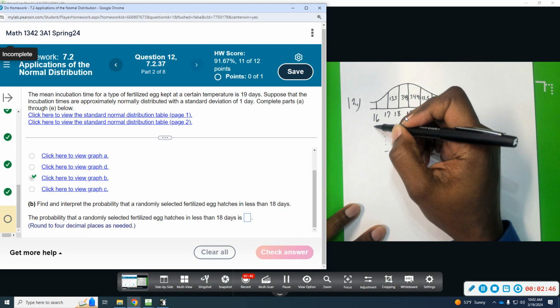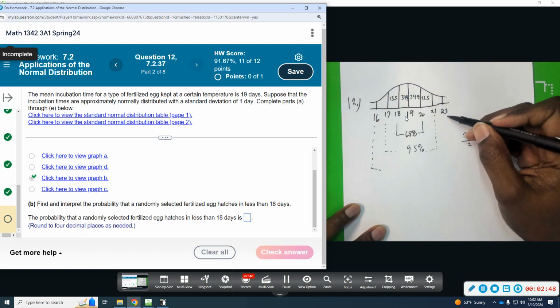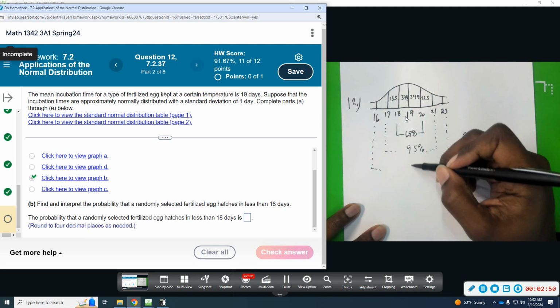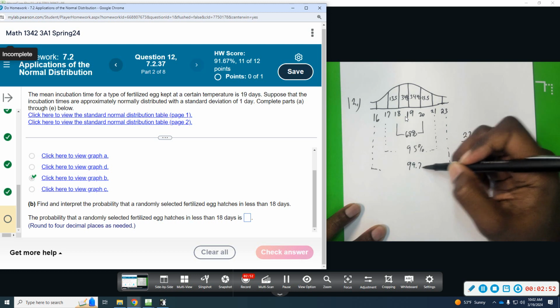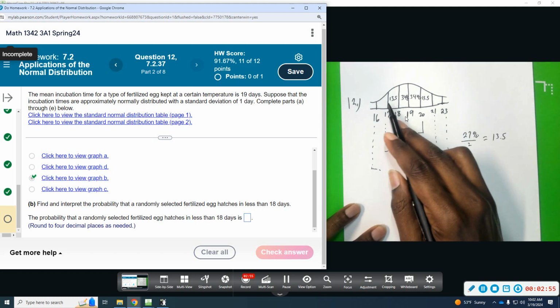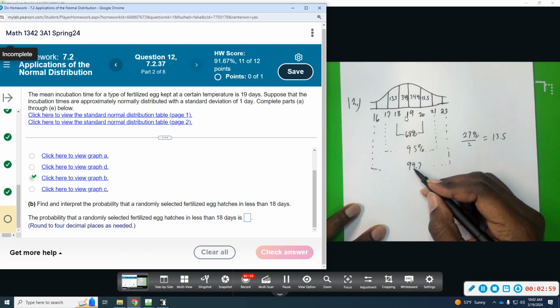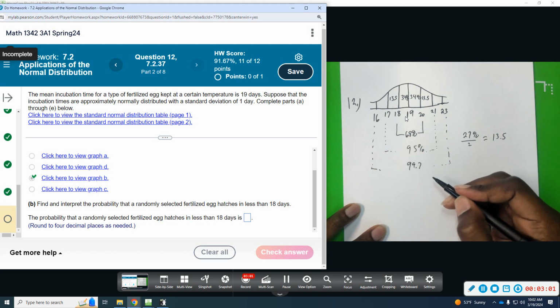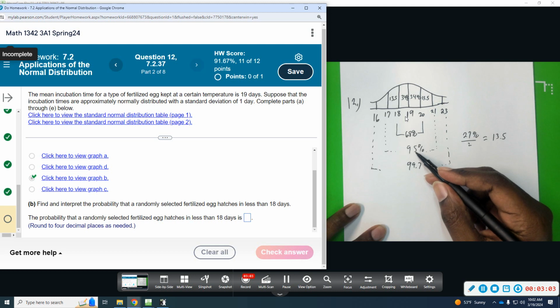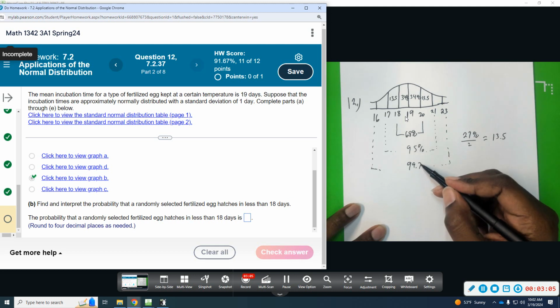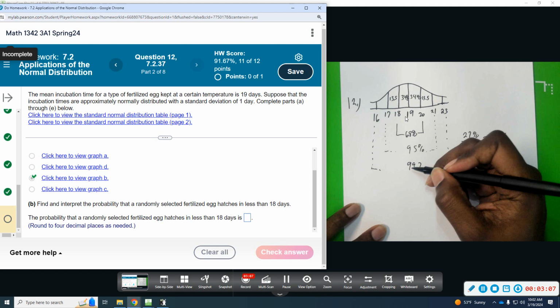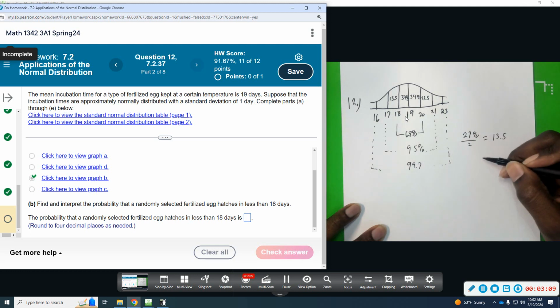And then if you go one more standard deviation out, this was 99.7, and again, if you subtract these two, because we already have up to 95%, we're trying to find these sections. That gives you 4.2. Is that right?